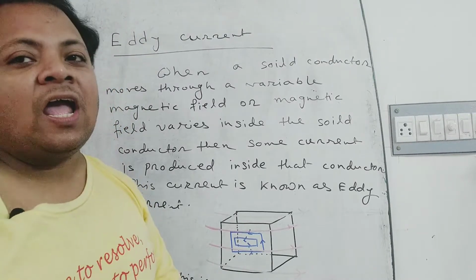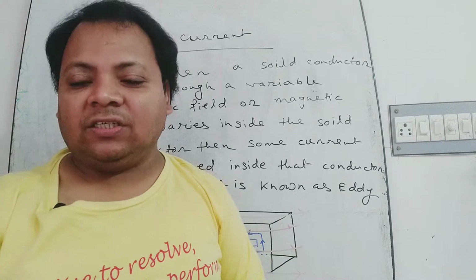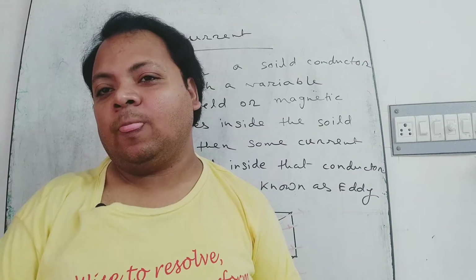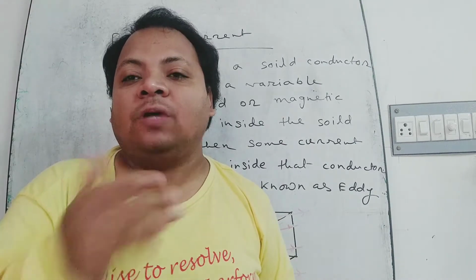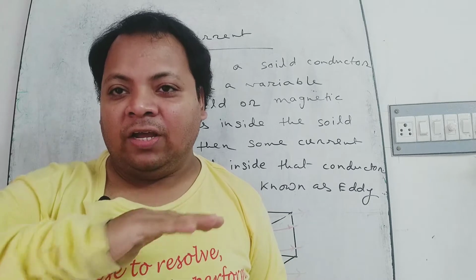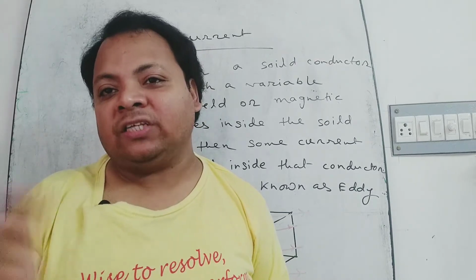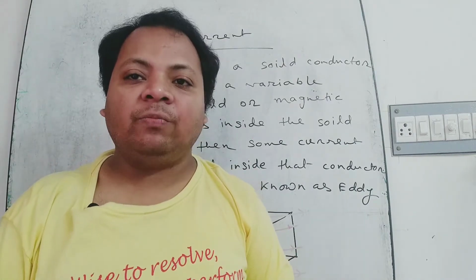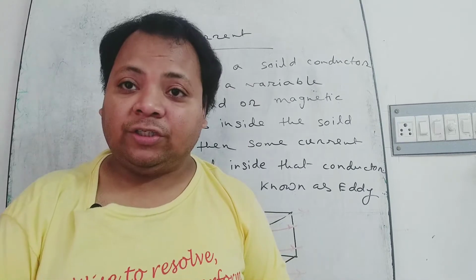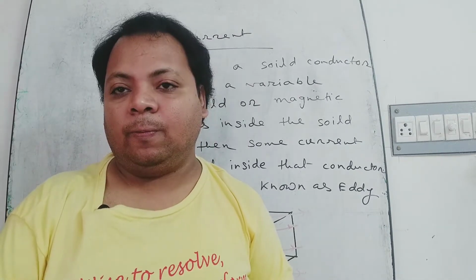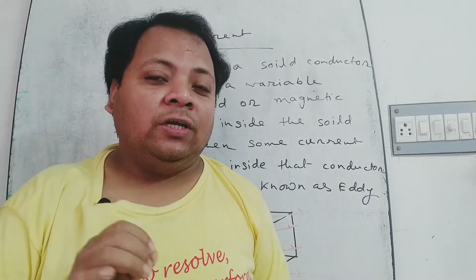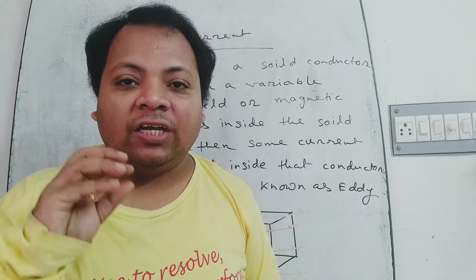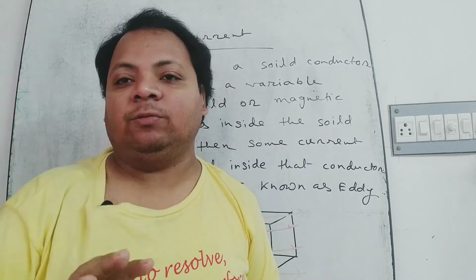You already watched that in the induction furnace or induction cooker, when we place a steel utensil on the furnace, the steel pot gets hot due to the flow of eddy current. If you put aluminum or copper, the heat production is very negligible.